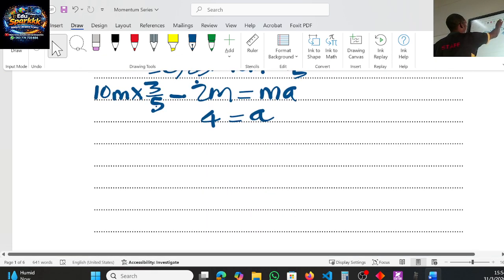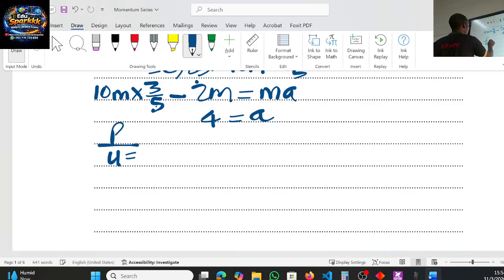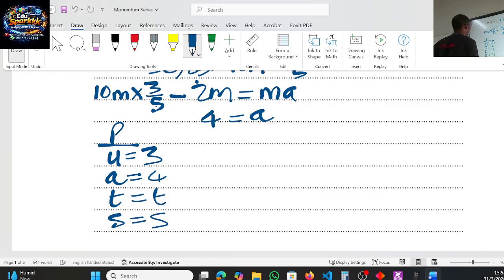We are going to do two equations, for P and for Q. Let's start with particle P, because P's initial speed during the frictional section is going to be 3, and its acceleration we are given as 4, and the time that it takes is t seconds, and the distance covered will be the same. So we can say S will be S.